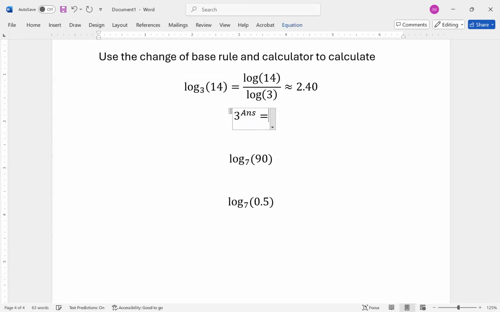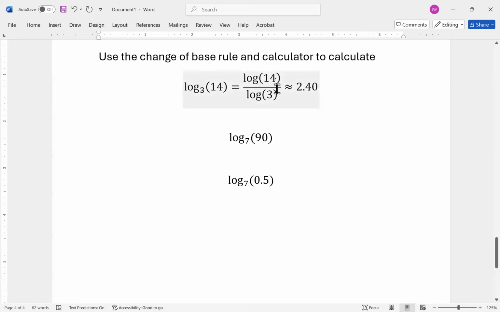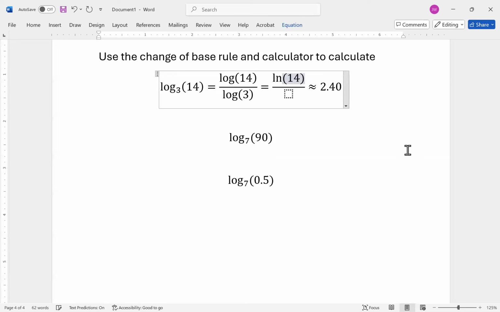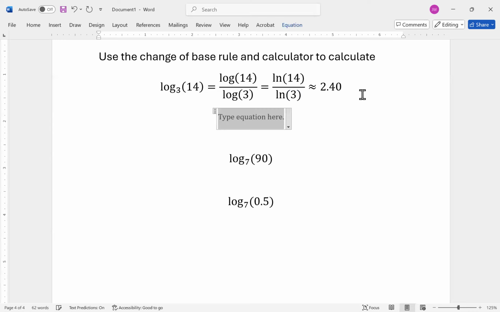Now, if I had wanted to, I could have also utilized natural log instead of log base 10. So if I want to do natural log of 14 divided by natural log of 3, I'll get this exact same value. And when I get that value out, I can check that it's the right value by seeing that 3 raised to that specific value gives me 14.